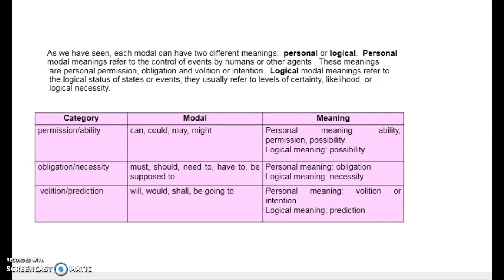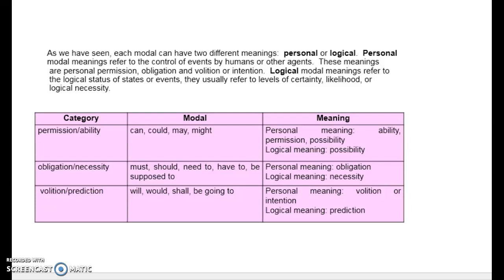Okay, and here we have something special about modals, and they have personal or logical meanings. Look at the chart that you have there, and you have the different categories, the modals that are used, and the meanings, which can be personal or logical. The first category, you have permission or ability, and you have can, could, may, might.